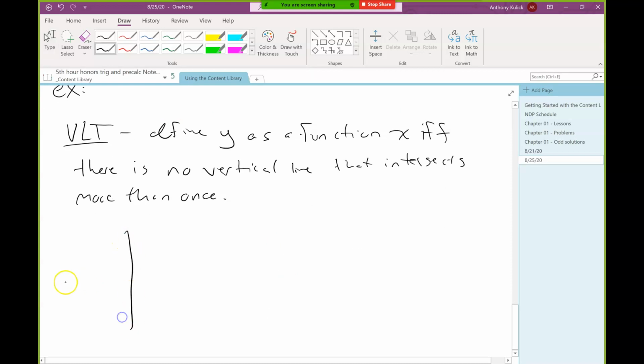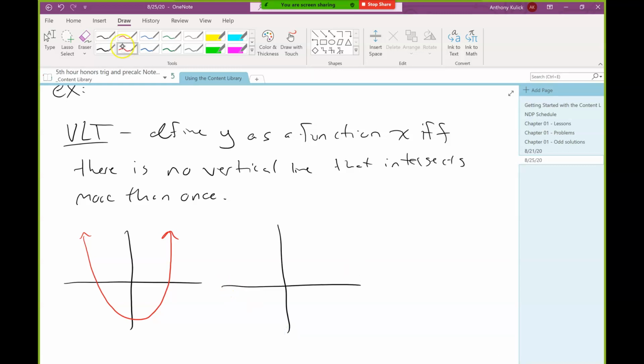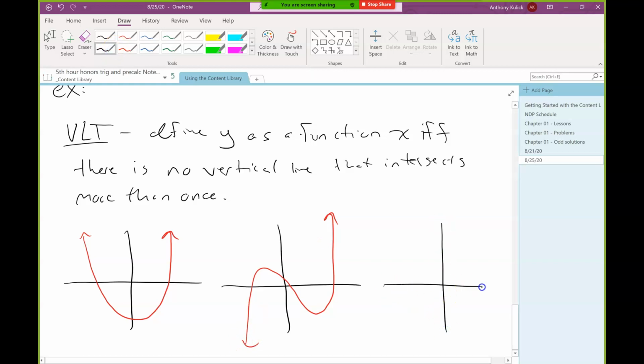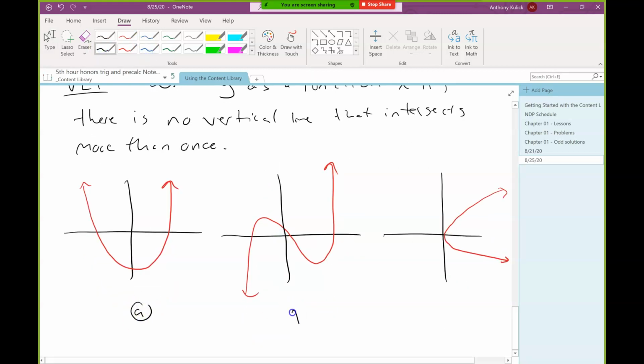So a couple of examples here. We'll just call these examples A, B, and C. So for example A, is this a function?